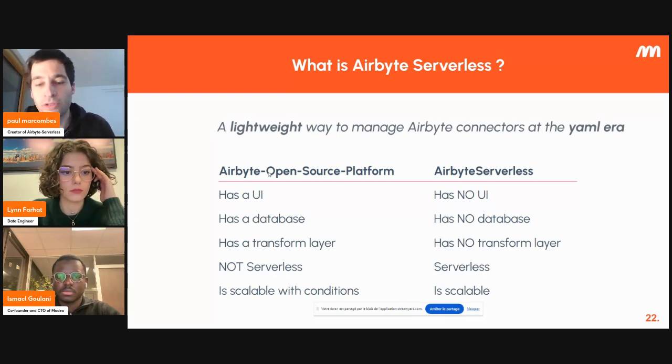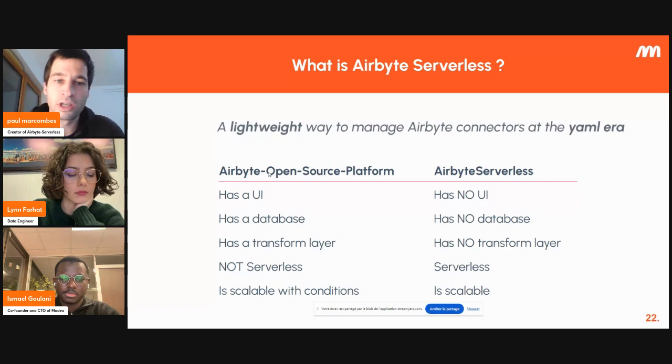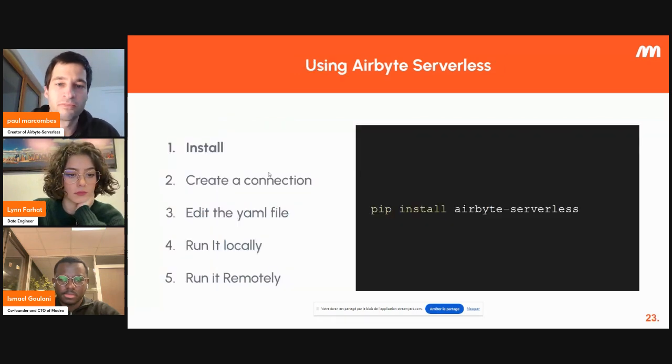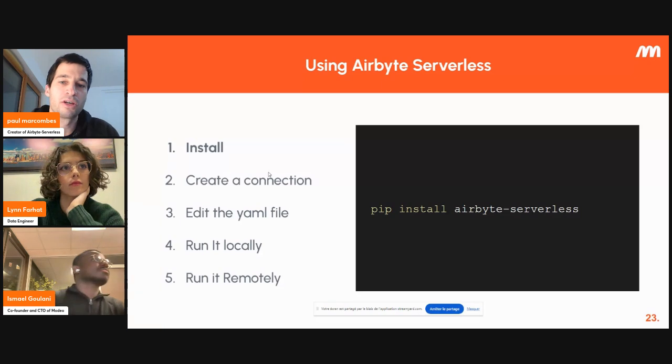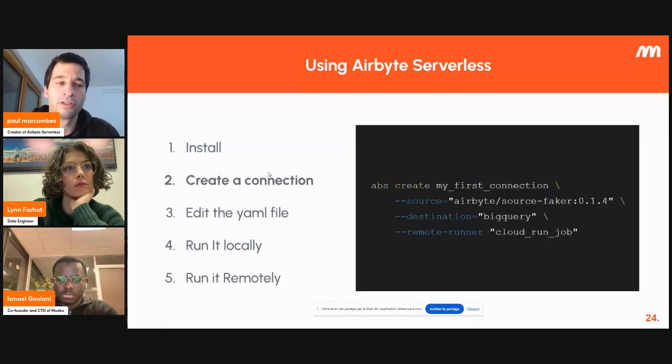So now we are going to see how it works in practice, to show you how simple it is. First you install this Python package, called Airbyte Serverless. Then it gives you a command line interface like DBT. You've got a command line called ABS that you can use to manage your connectors.